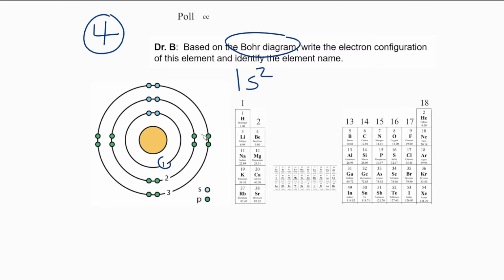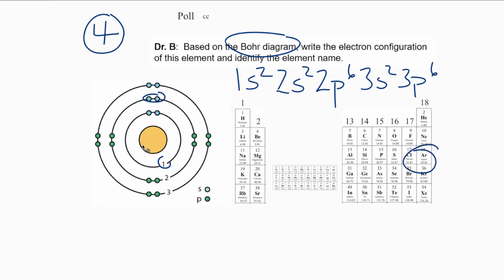S's only hold 2. Second energy level, I've got these 2 here, those are the s's. So second energy level, 2s2, and then 2, 4, 6. So 2p6, and then those valence electrons, 3s2, and then 2, 4, 6, 3p6, and 2 plus 2 plus 6 is 10, 18.